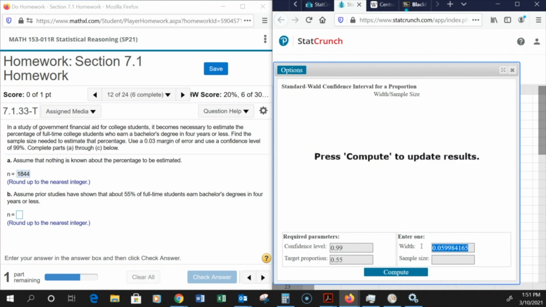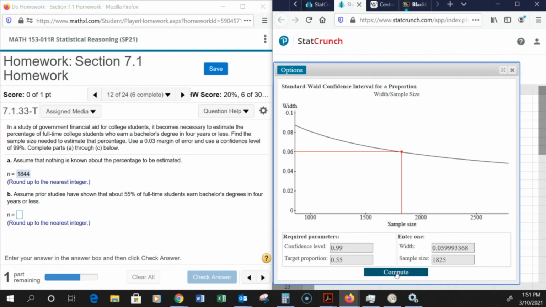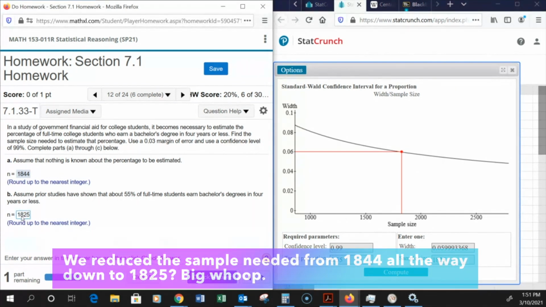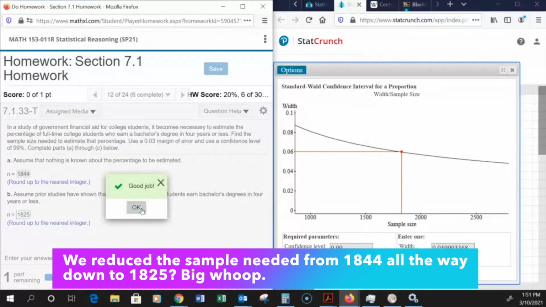We have to adjust our width. It's twice the margin of error that we desire. So 2 times 0.03 is 0.06. We hit compute, and hey, we just saved some research dollars. We don't have to talk to 1,844 students. We only have to talk to 1,825. A substantial, I don't think it's substantial.